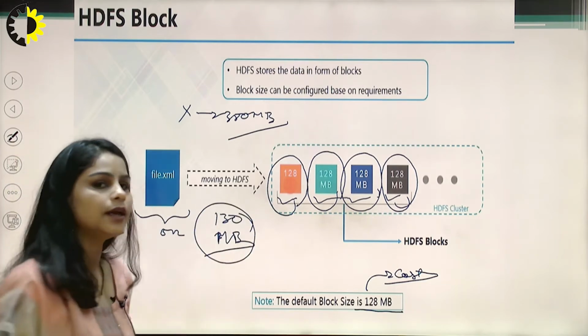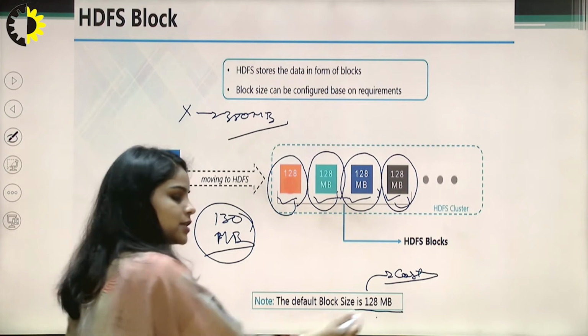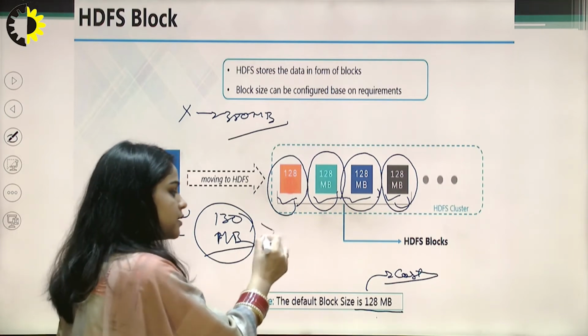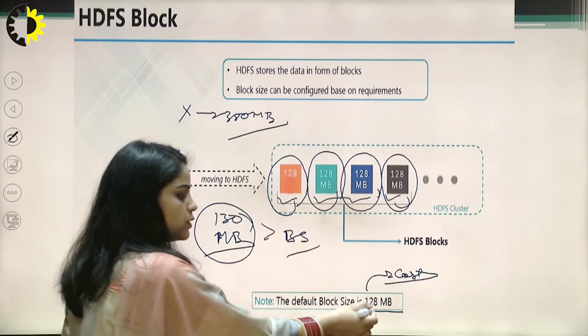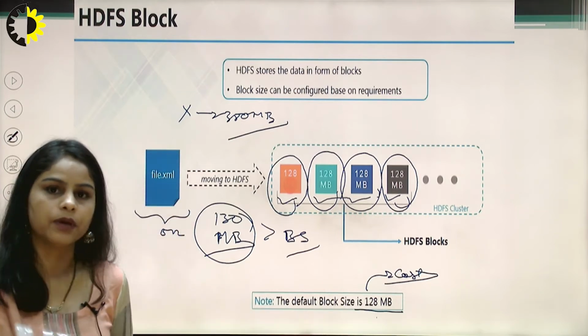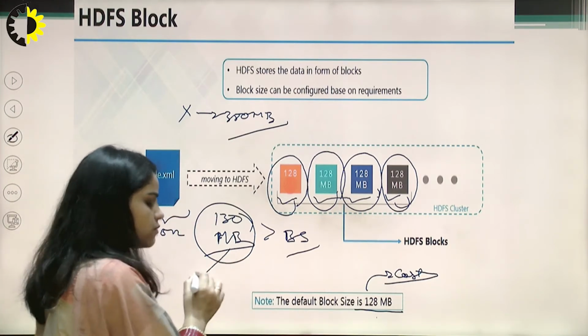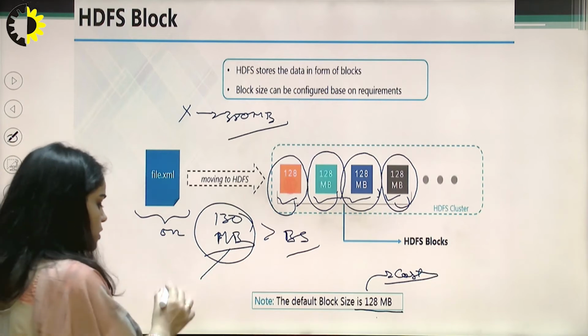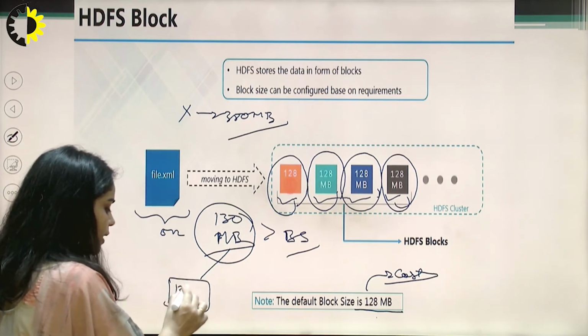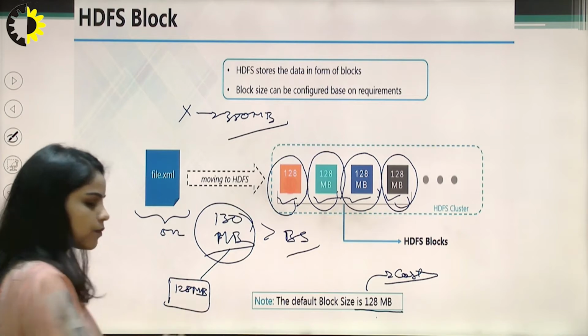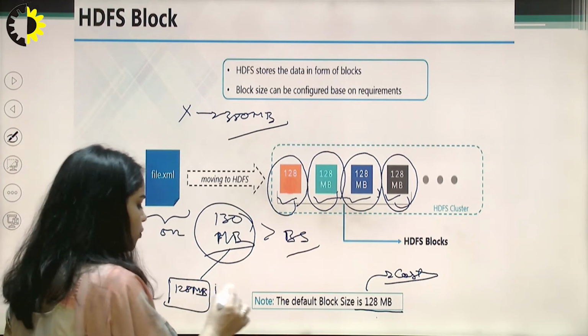It is 130 MB. Is it greater than the block size? Yes, it is greater than the fixed block size, that is 128 MB. So, it will divide this file into two chunks. The first chunk will be of 128 MB and the second block will be of 2 MB.